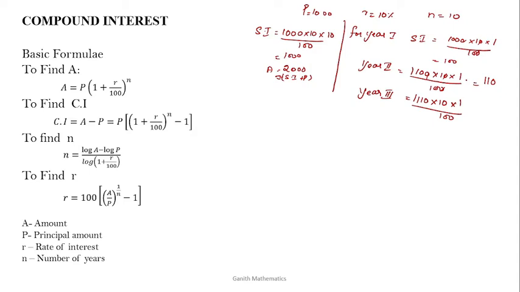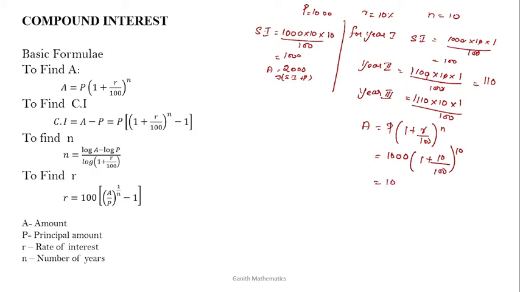They'll proceed in such a way that we get this formula. At the end of the year, the amount will be P into 1 plus R by 100, the whole power n. So in this particular problem, it would be 1000 into 1 plus R, which is 10, by 100, and the whole power n, which is 10.